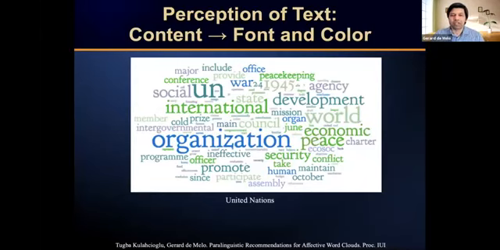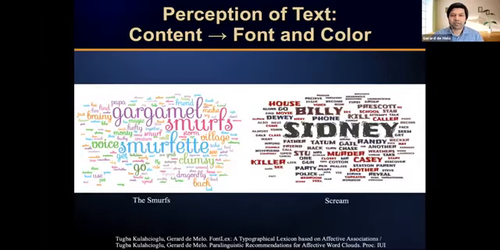Here's a word cloud that is generated by our system that uses a positive color scheme and also a positive kind of font. And here are two more playful examples. These are movies visualized based on the emotions associated with them.